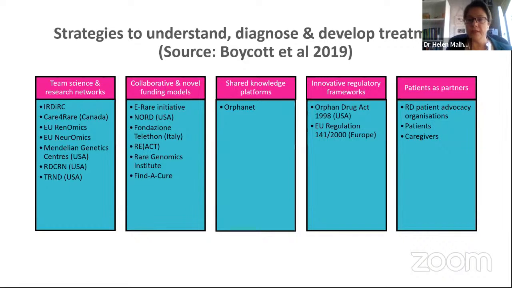And innovative regulatory frameworks. I think while other countries have got their orphan drug acts and regulations and so on, as in the USA and Europe, I think as a starting point, as one of the first countries in Africa to actually start to get a rare disease strategy on the table is so important.